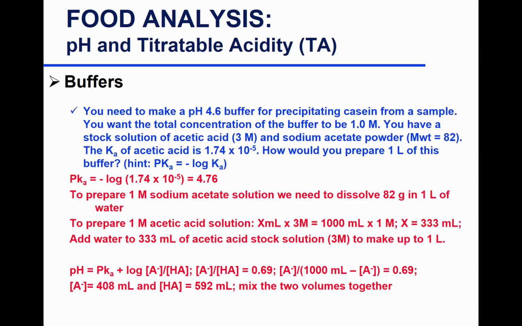So to prepare 1 molar of sodium acetate solution, we need to dissolve 82 grams in 1 liter of water. How did I get that? Anybody would like to tell me? I need 1 molar, so 1 mole per liter. So 1 mole equals mass over molecular weight.